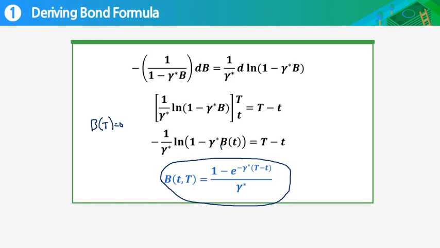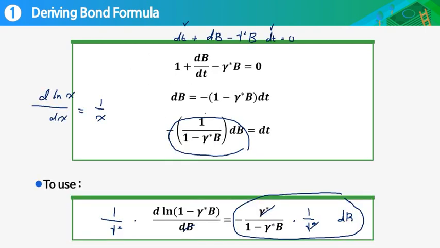By the way, when we solve this one, when we solve B, what we did is we separate B and t on each side, and then we solve it. So solving this kind of ordinary differential equation in this way is called separation of variables.